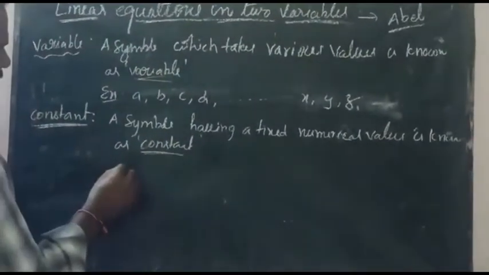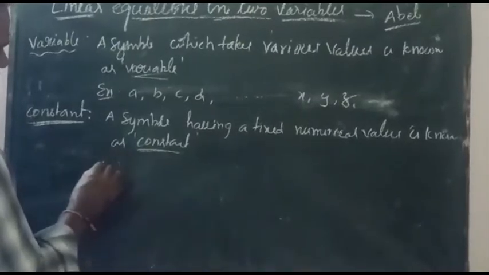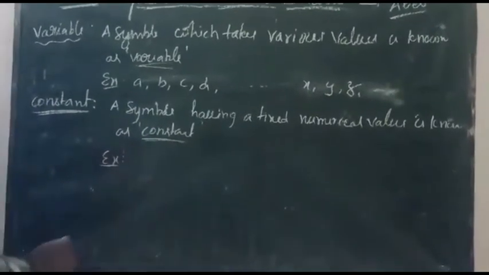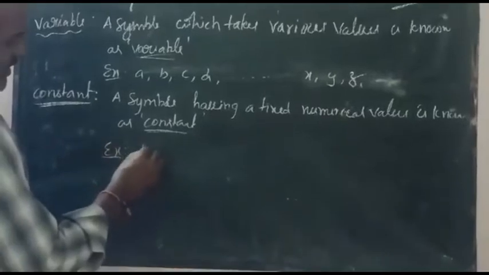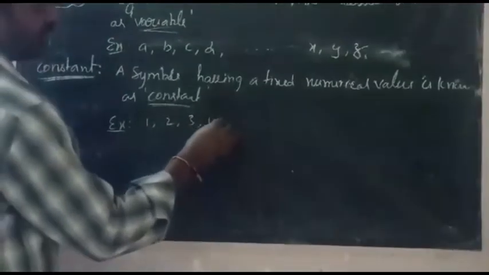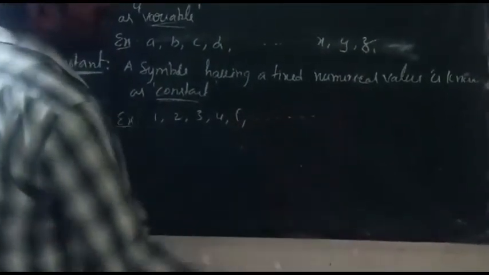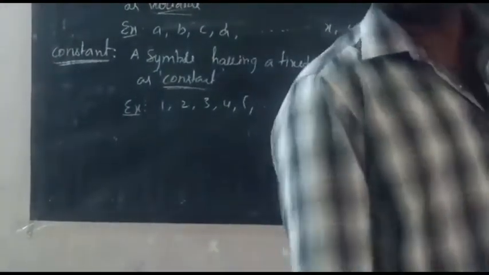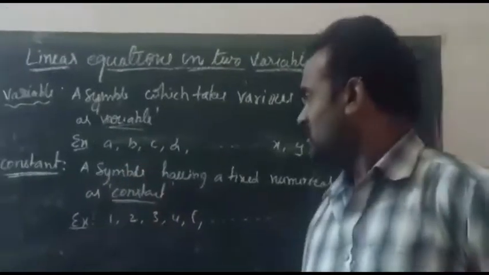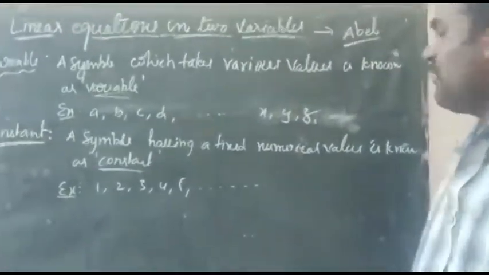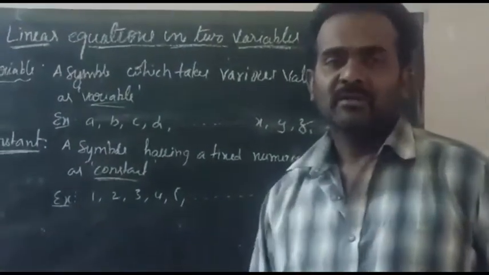Here numbers and numerical values, for example, 1, 2, 3, 4, 5 and so on. These are fixed numerical values. A symbol having a fixed numerical value is known as a constant.